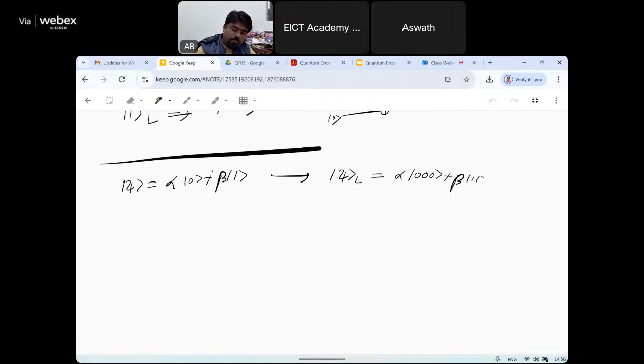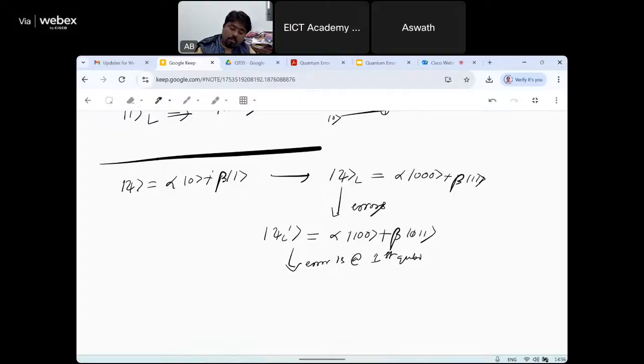Okay. Beta 111. So if this is there, due to errors it would become something like alpha 100 plus beta 011, which means the error is at the first qubit.